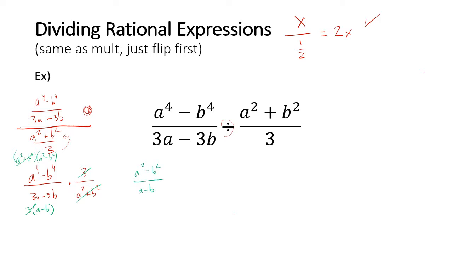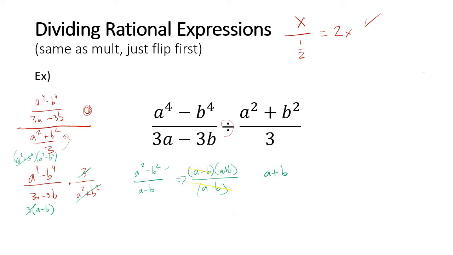But we're not quite done here because this is a difference of perfect squares on top. So that's a minus b times a plus b, divided by a minus b. These two are the same, so they cancel out, they divide to be 1, and we're left now with just a plus b.